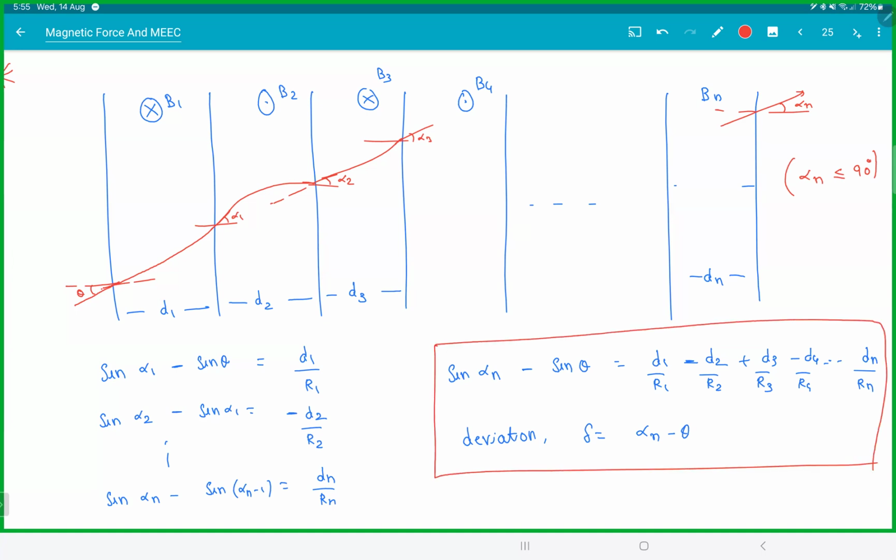Even if you have multiple sections, you can use this. Clear? This is a useful result.